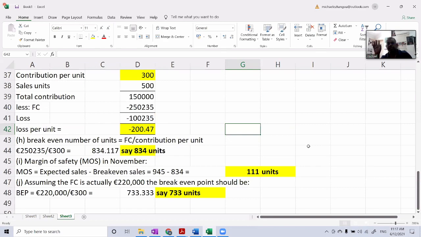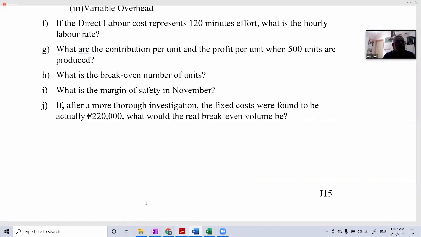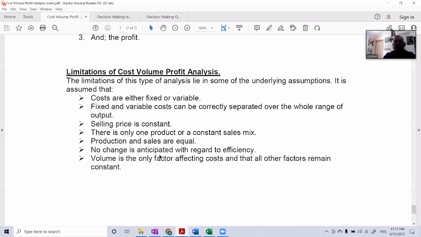Subsections with changes, that's what CVP analysis is all about. It's about finding out how individual variables changing impacts cost, volume, and profit. Okay, so we're done with this question and with CVP analysis.